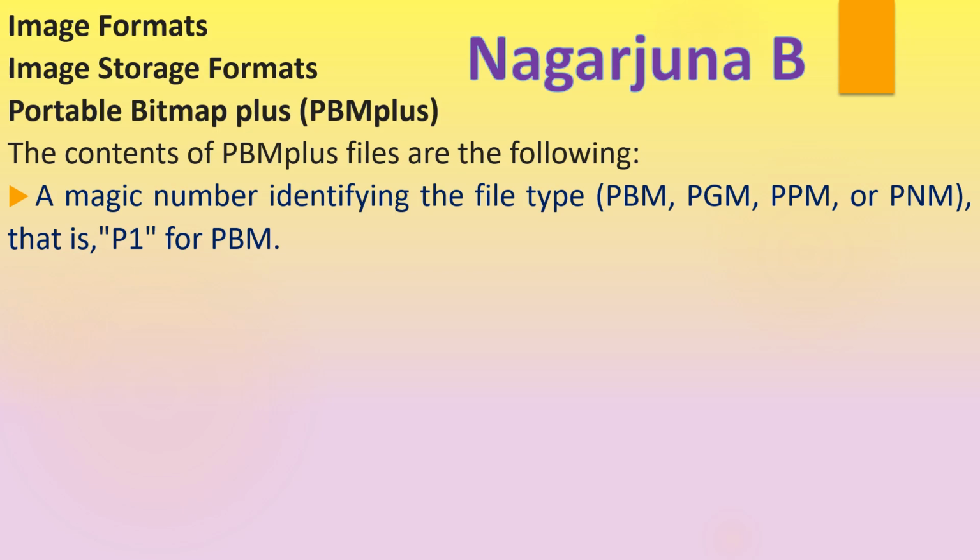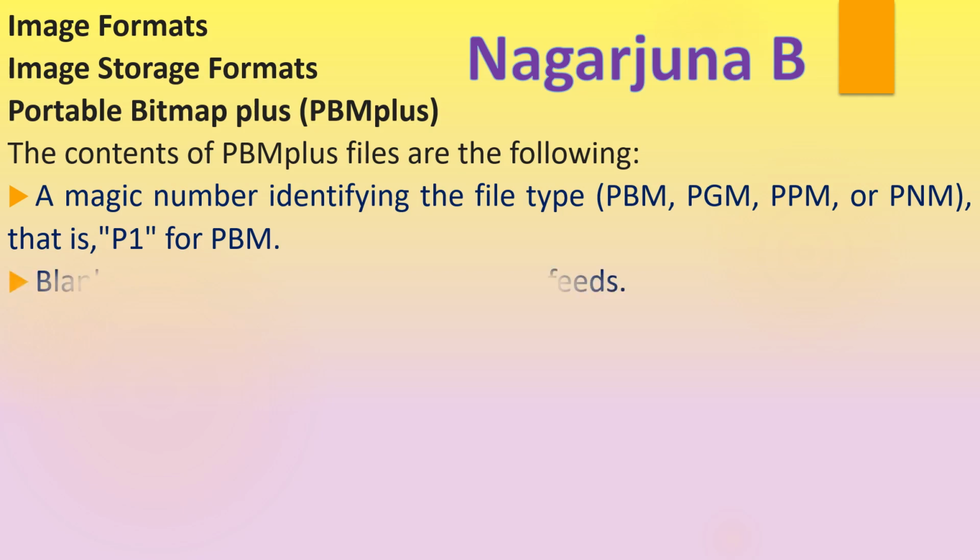So the different file types will be PBM, PGM, PPM, PNM: Portable Bitmap, Portable Gray Map, Portable Pixmap, Portable Any Map. So these are the different types of files which are supported. The content of a PBM Plus file will have a magic number which specifies the type of the file.